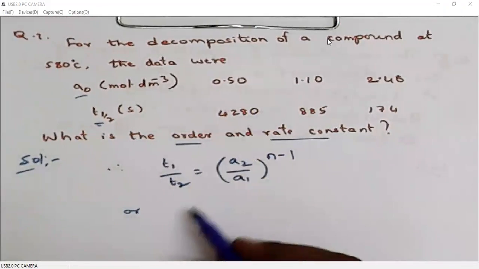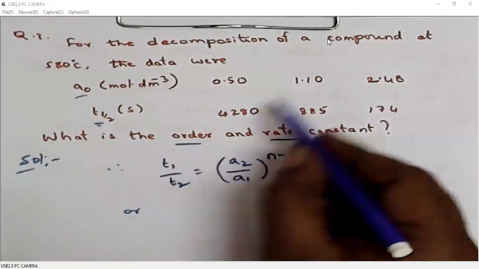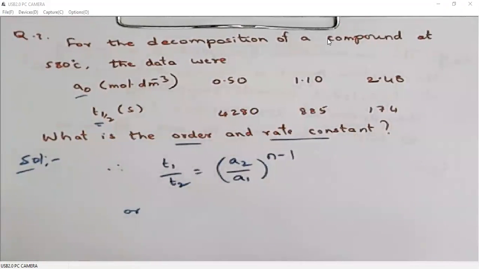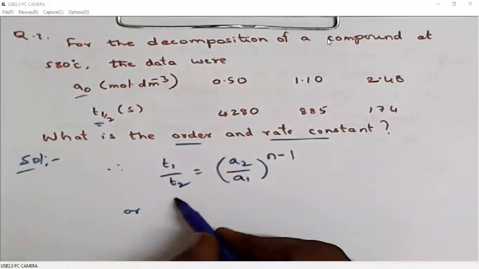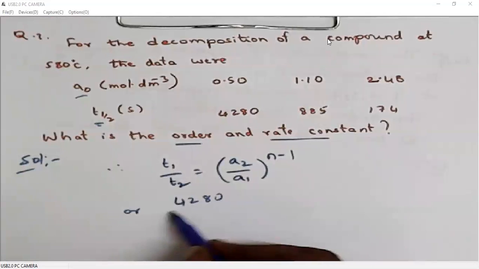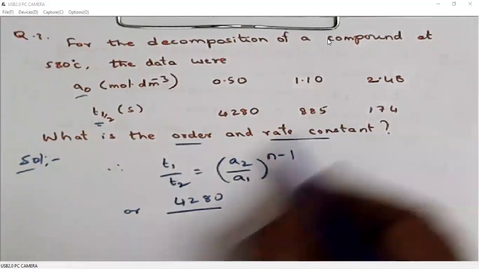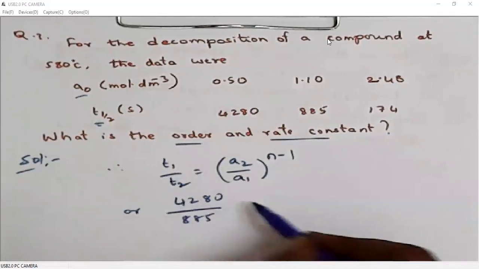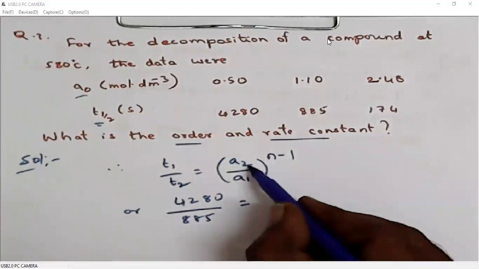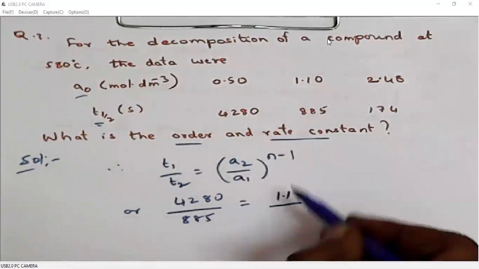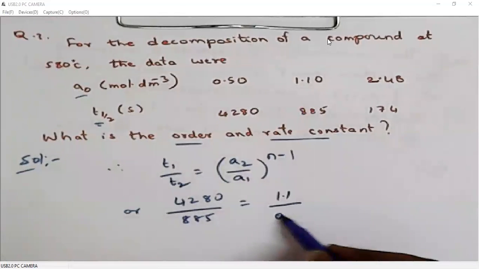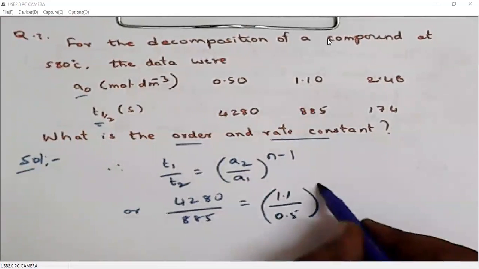Here we will use first two sets. T half of first reaction is 4280 by T half of second reaction is 885. First reaction A2 initial concentration is 1.1 by A1 is 0.5 whole power n minus 1.